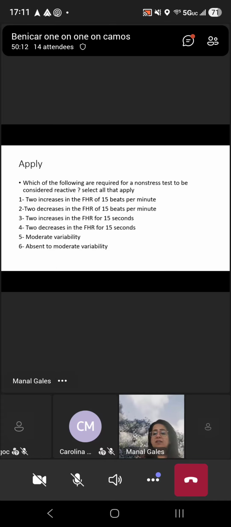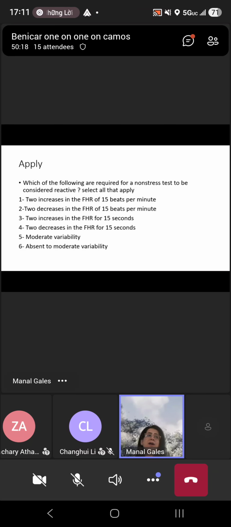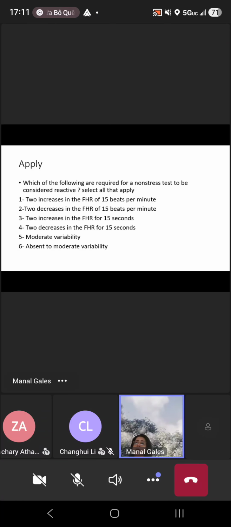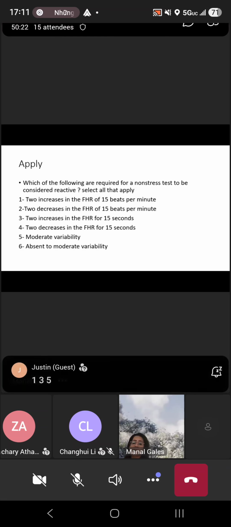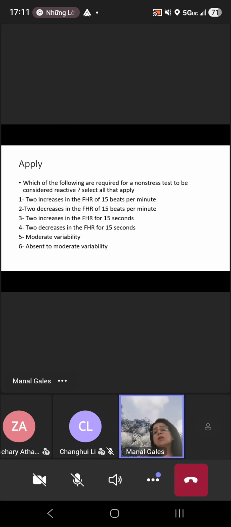Chat. It is select all that apply. Sorry guys, my bad. Select all that apply. Okay. So let's go. It is select all that apply.